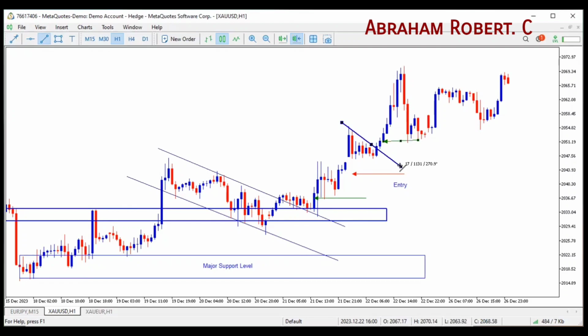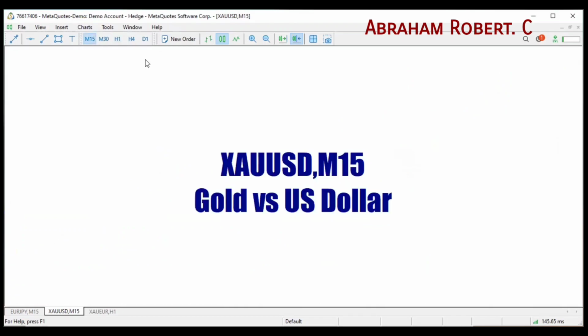Now, this is a break of structure. This candlestick broke through this. If you go to a 30 minutes time frame, this will give you a clear retracement. Okay, let's try 15 minutes. It will give you a clear retracement.